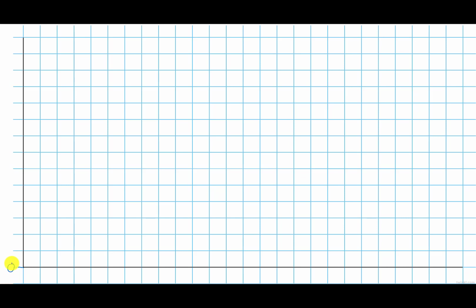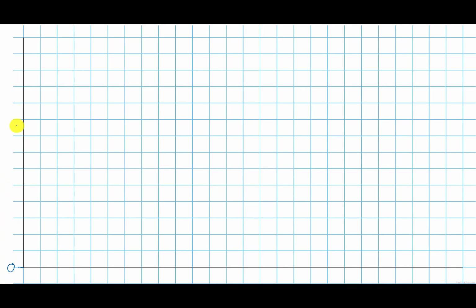And then we need to make sure that we space our marks out equally. So for example, 1, 2, 3, 4, 5. Each interval is going up in 1. I cannot then suddenly put 7 here and then 10 here. The intervals need to be equal.